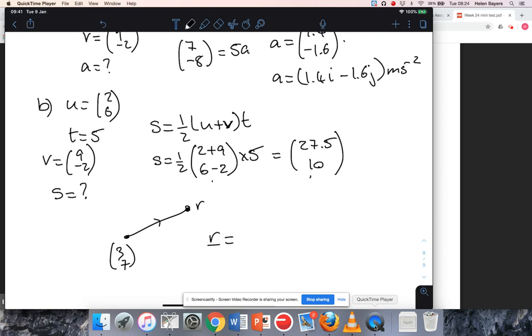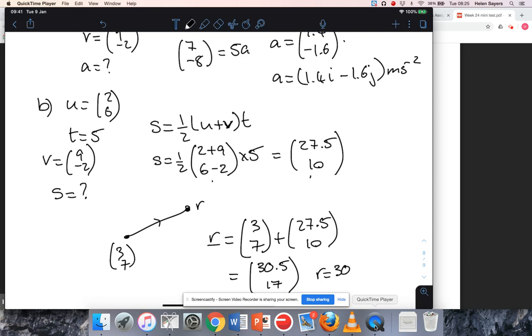Well, you're going to end up at (3, 7) plus (27.5, 10). So you're going to end up at (30.5, 17). And again, let's just write that back as an i and j vector.